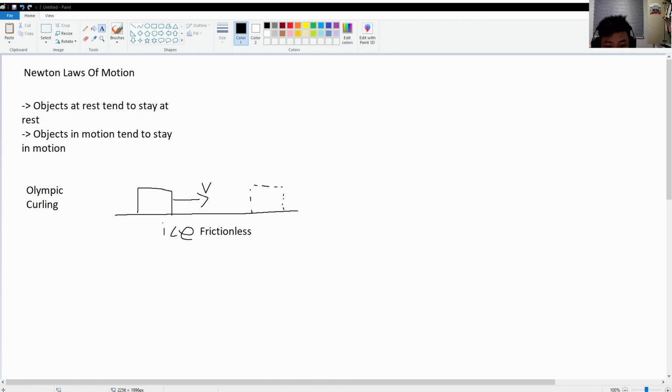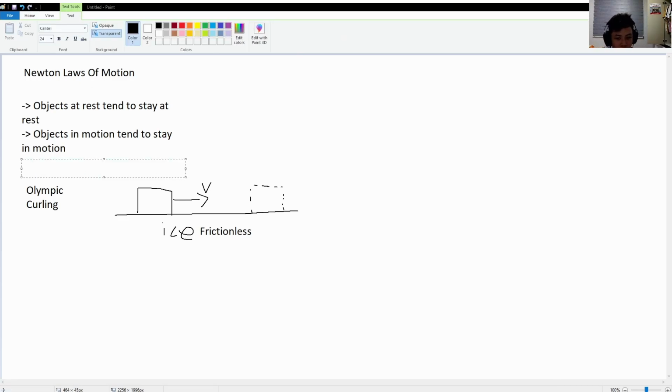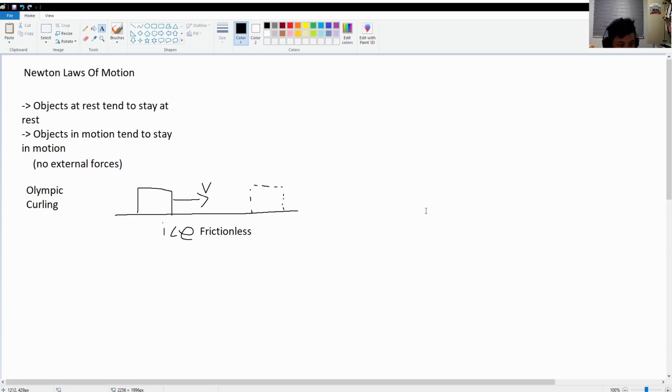And so really what we should put here is that there are no external forces. There are no external forces, and there's nothing that's trying to slow it down. There's nothing that's trying to speed it up.